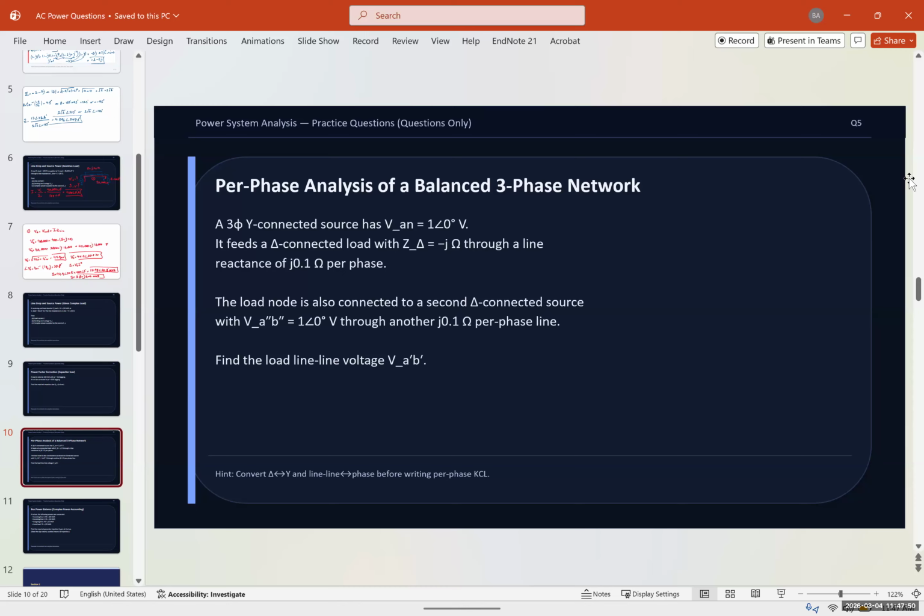The load node is also connected to a second delta-connected source with VAB of 1 with an angle of 0 degrees and another j 0.1 ohm per phase line. Find the load line voltage VA'B'. Again, I will give you 10 minutes to solve this one.